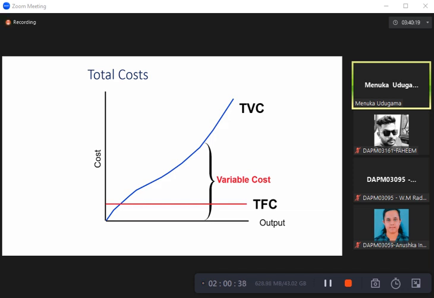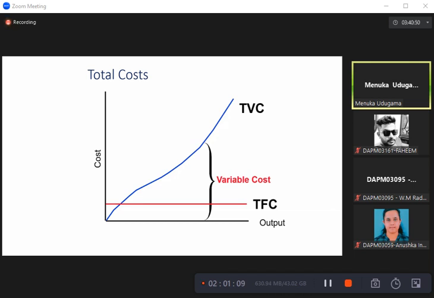So in the short run, we have both fixed cost and variable cost. Fixed cost does not change with the output, but variable cost varies with the output. You know? I said that the variable cost or the cost function is derived from the production function we discussed in the morning. Right? Therefore, there's a relationship between the cost function and the production function.